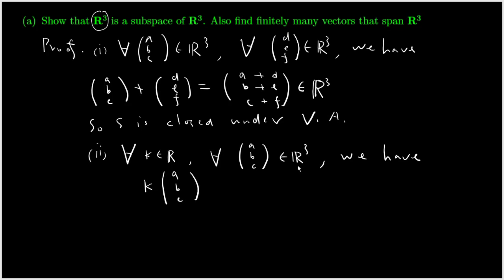The answer to the scalar multiple is: the first component is Ka, the second component is Kb, the third component is Kc. The resulting vector has three components. That's of course a vector in R3. So we have seen any number times any vector in R3 is again a vector in R3. And that's what we want, right? We want to show S is closed under scalar multiplication.